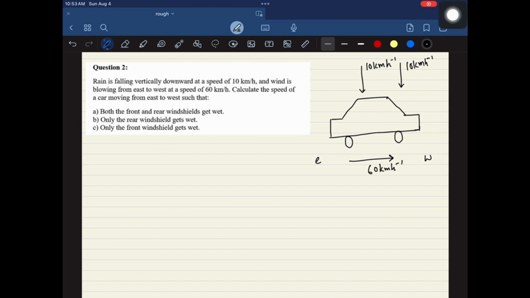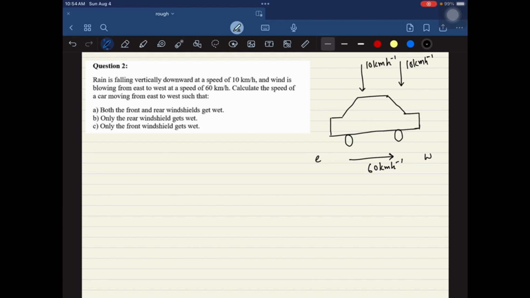We don't need to convert it to meter per second because all the values are in kilometer per hour. The velocity of rain with respect to the car, RC, is equal to the velocity of rain minus the velocity of the car. So the velocity of rain should be the velocity of wind plus the velocity of capital R, the actual rain.